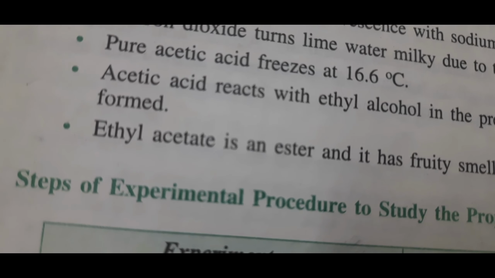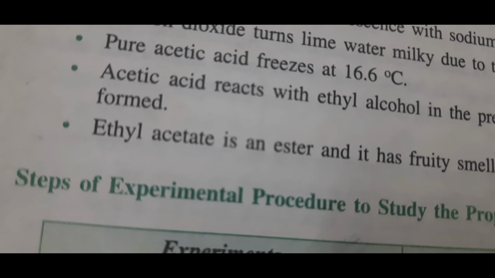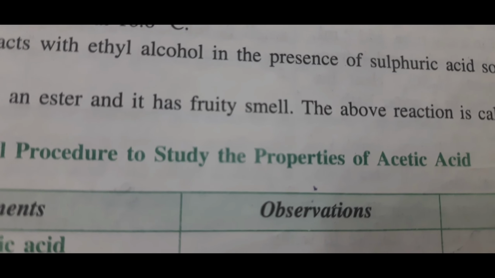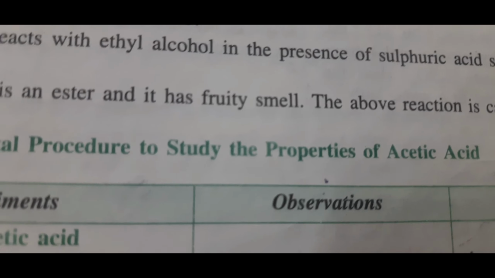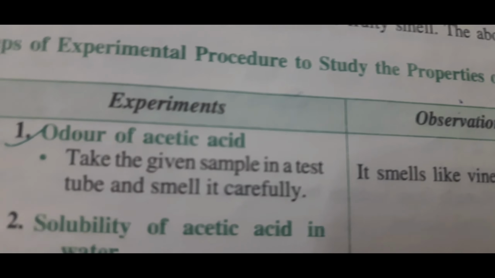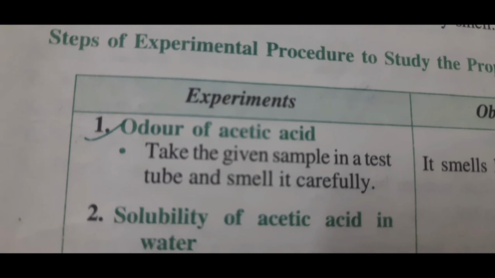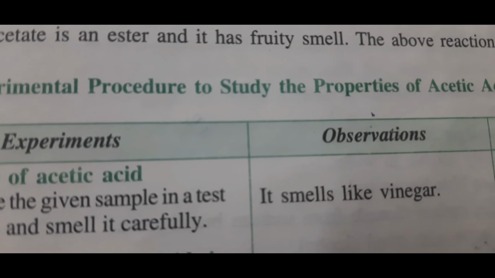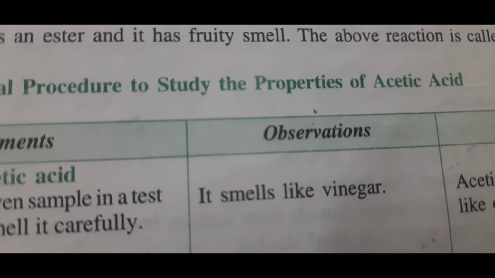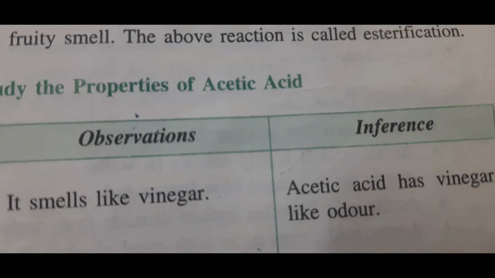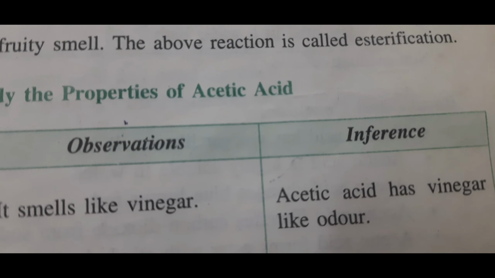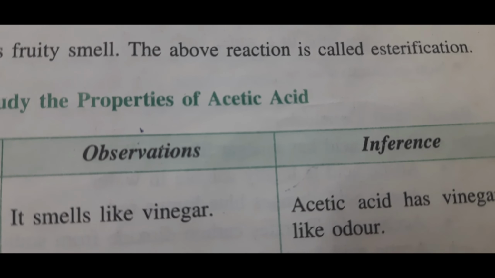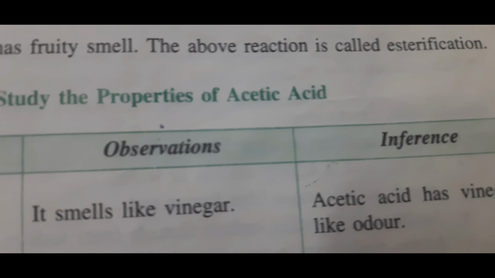Now, steps of experimental procedure to study the properties of acetic acid. So, here apart from serial number, you have to make 3 columns: one experiment, another one observation, and then inference. You just pause the video and make a chart like this.